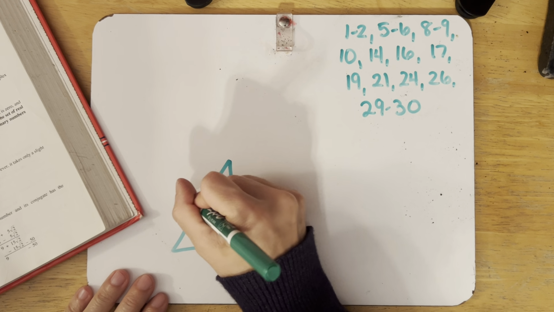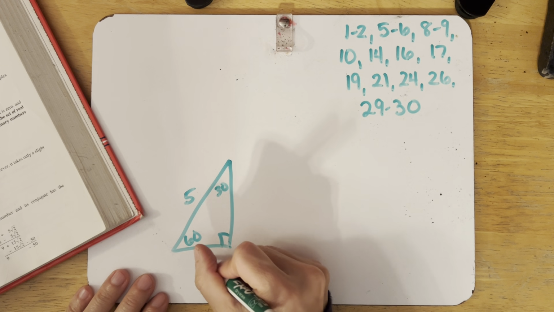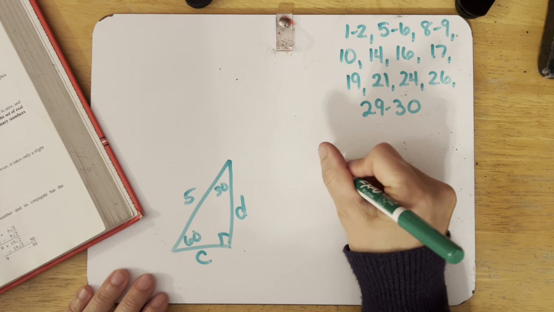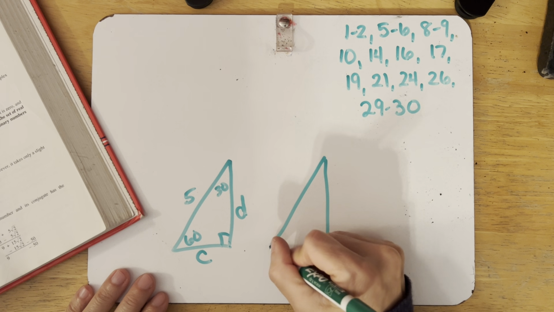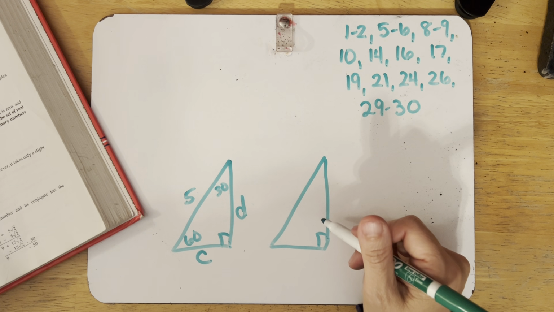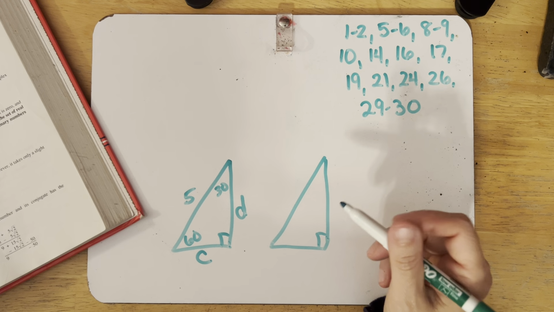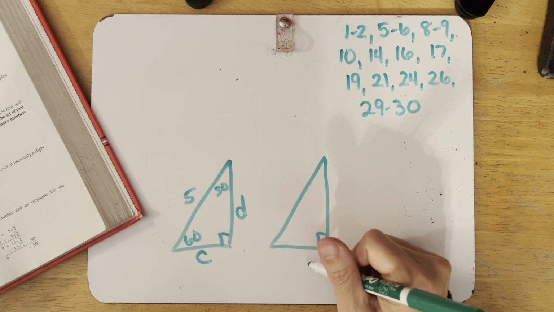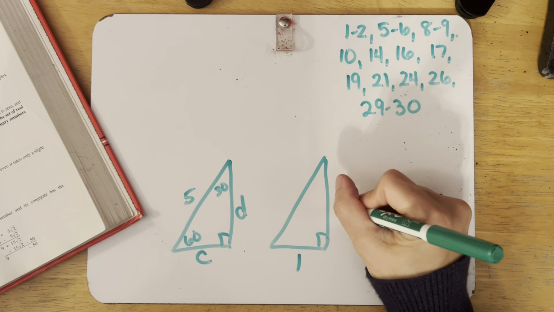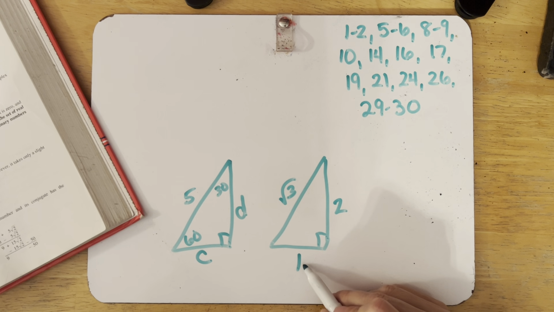For the next one, 5, 60, 30, these aren't drawn to scale. D, okay. Okay, so here, and sometimes I get mixed up on where, oh, 1, 2, and this is the square root of 3.